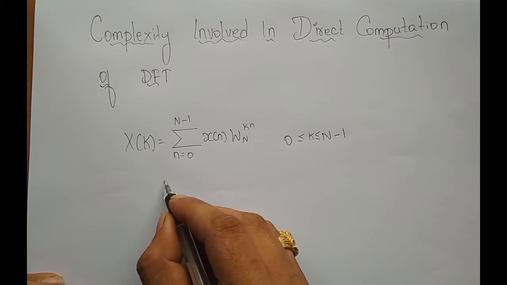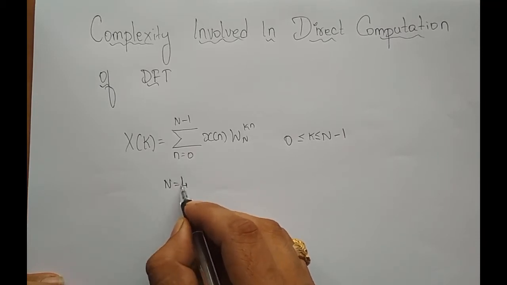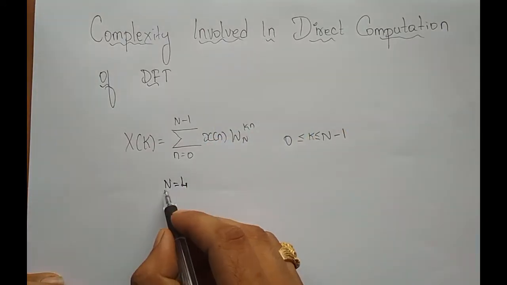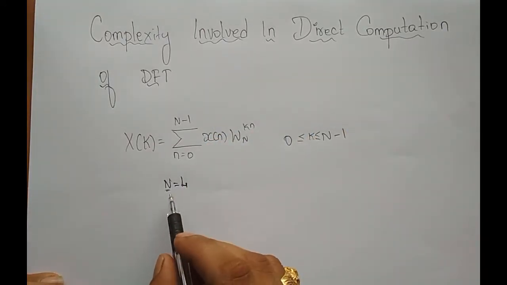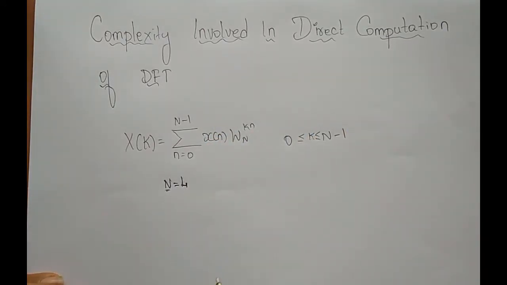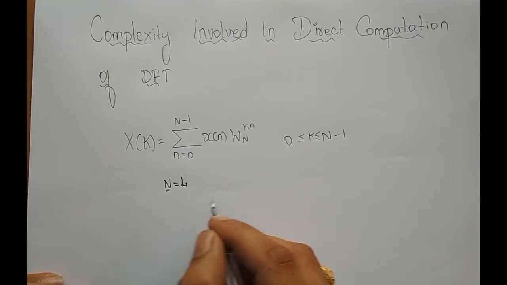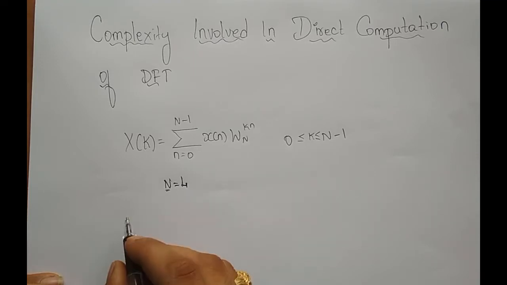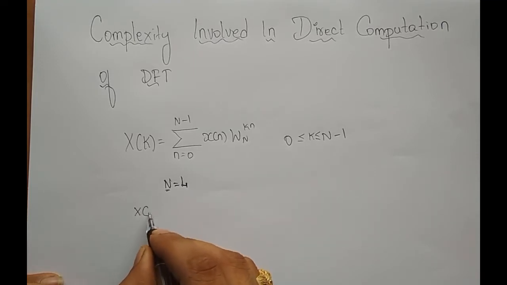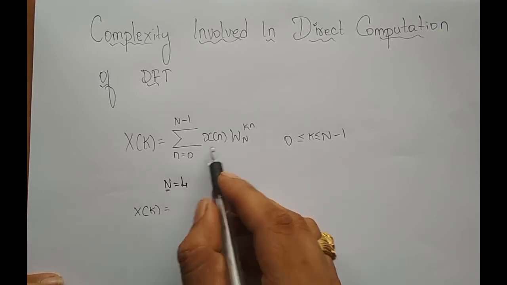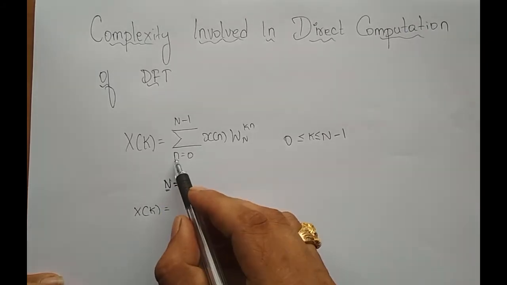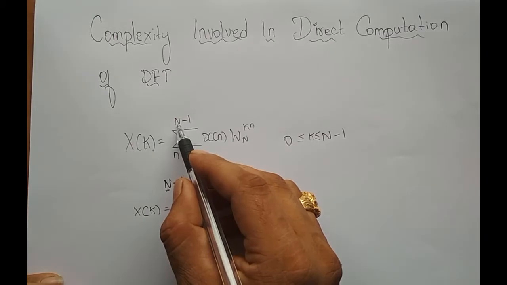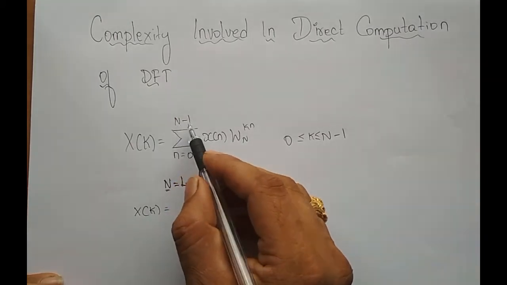Just to convince you, I'll take N equal to 4, but generally speaking we are talking about the complexity involved for N point DFT. So for N equal to 4, X of k is equal to, if I expand this summation, which varies from 0 to N minus 1, since N is 4, it is 4 minus 1, which is 3.